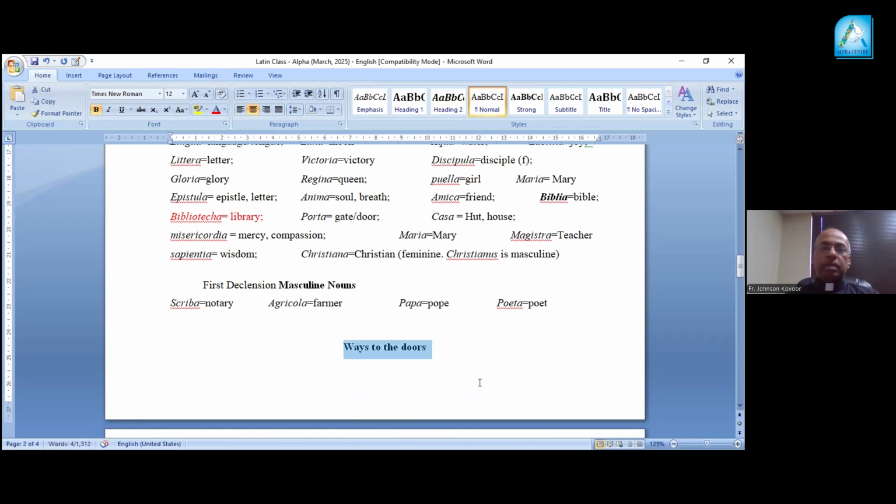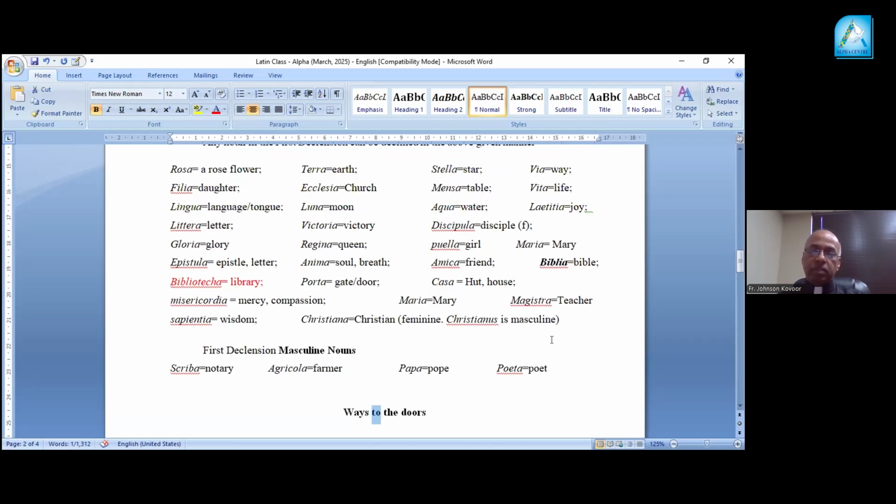How can we translate ways to the doors? We should keep in mind that both nouns are plural, and what we use is the dative case, to somebody, to something. Okay, ways to the doors. One sister is there. Who is that?